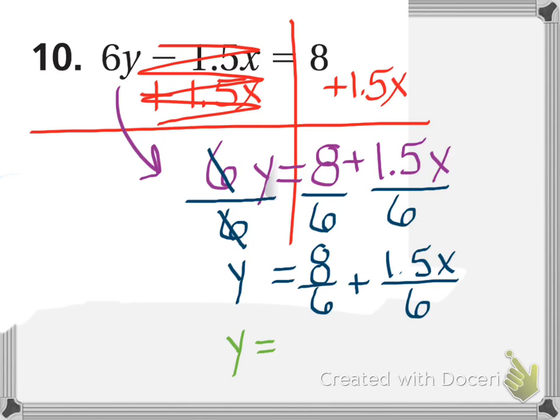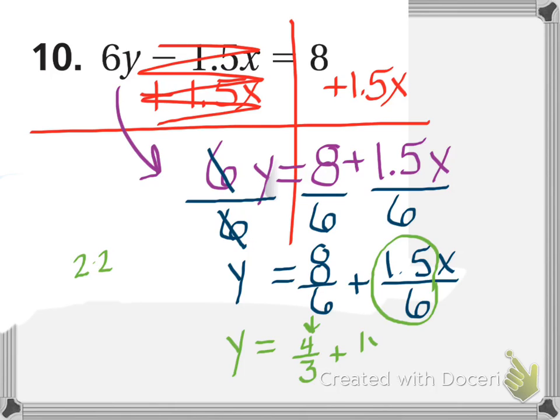Y equals 8 over 6 simplifies into 4 over 3, because 2 goes into 8 4 times and 2 goes into 6 3 times. Plus, now we need to think, how many times does 1.5 go into 6? Well, I know 3 goes into 6 twice, and I know that 1.5 goes into 3 2 times, so 2 times 2 is 4.